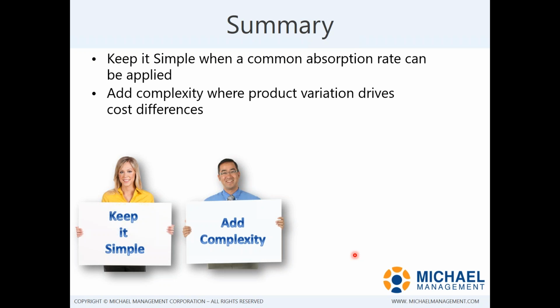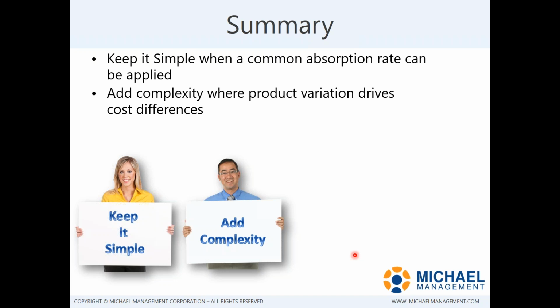But where you have product variation that's driving cost differences, this is where you can start to add complexity. Here you can decide: am I going to increase the complexity of my costing sheet? Do I need to take it to the next level and go to the template complexity, which is, I would say, the most powerful option that you've got without using ABAP?